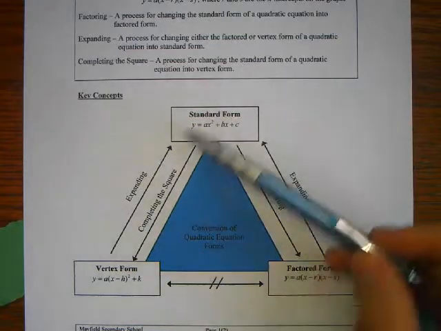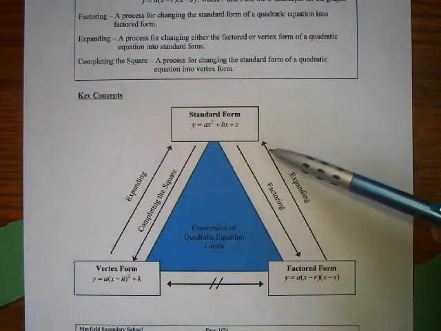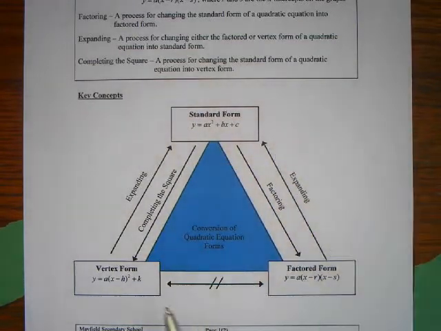Now the interesting thing is that's kind of four directions on this triangle. If I want to go between vertex and factored form, see this line here, it's got two dashes, that means you can't go directly. So what do I do? If I start with vertex form and I want to create the factored form, what it means is I have to go around the outside of the triangle.